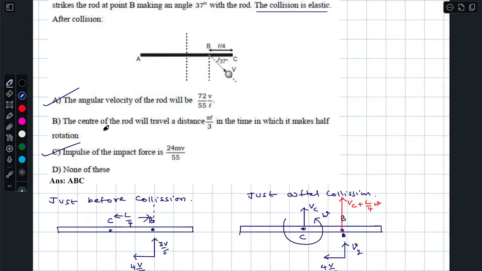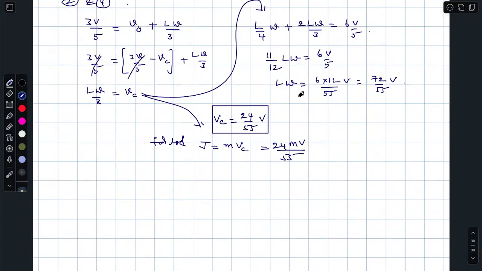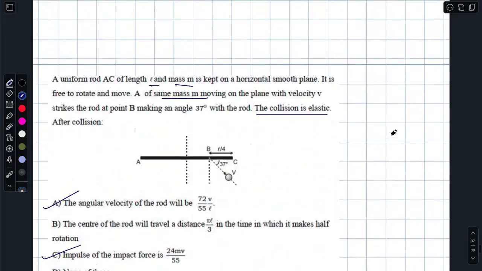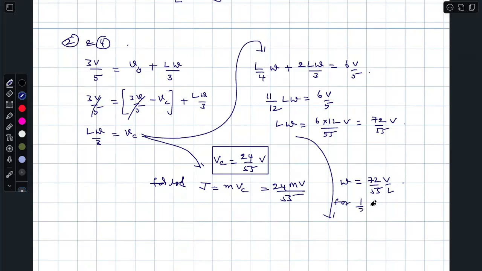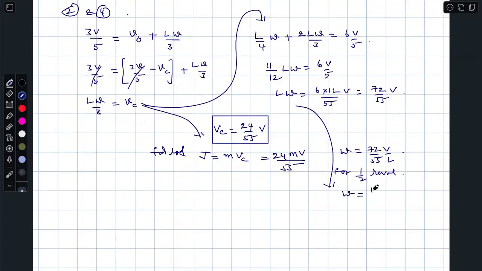So since you know omega, omega is 72 by 55 v by L. How much was the half revolution? So for half revolution, omega is pi by t, right? Omega is constant, displacement by time. So t is pi by omega.